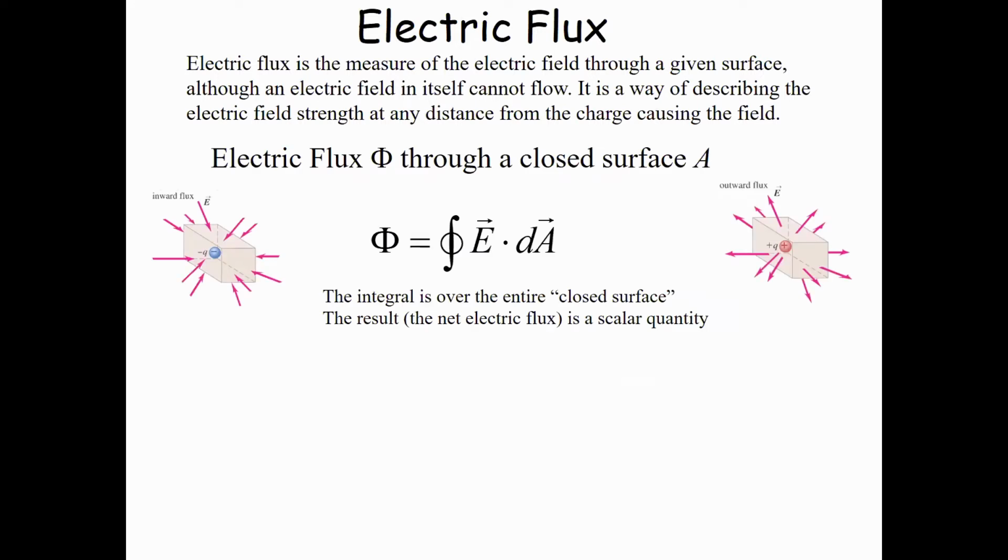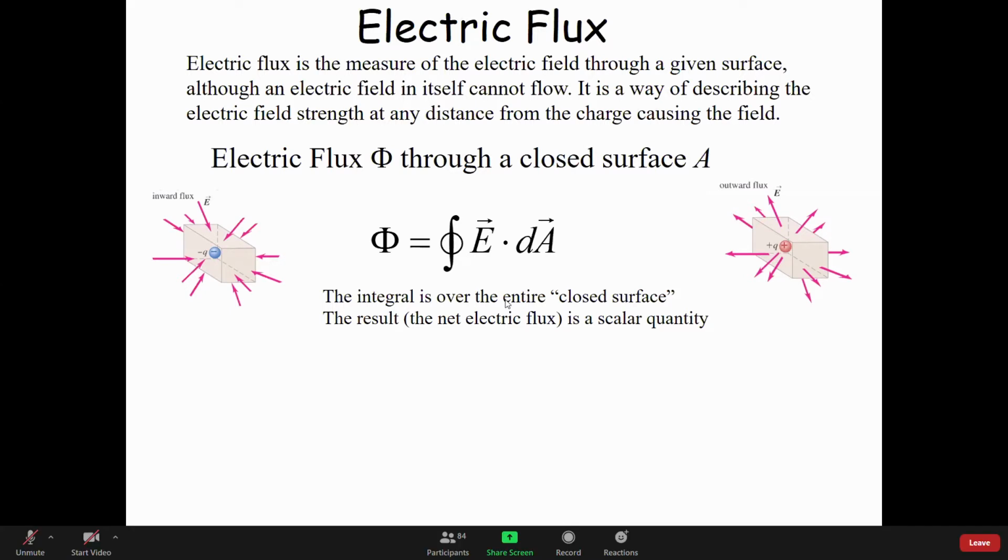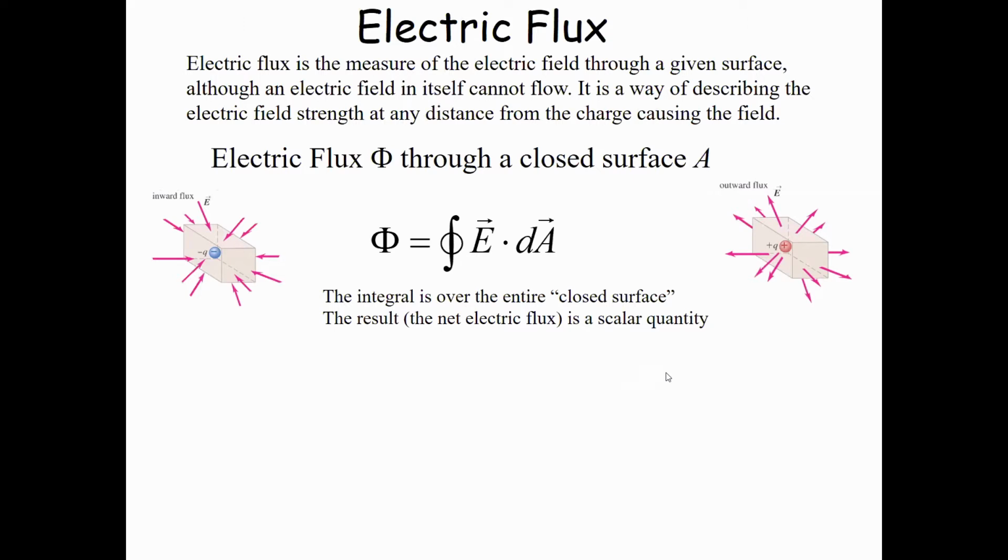So the electric flux through a closed surface is defined the following way. The integral is over the entire closed surface, and the result is a scalar quantity, of course, a dot product of two vectors is a scalar.